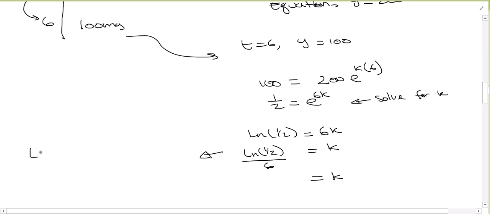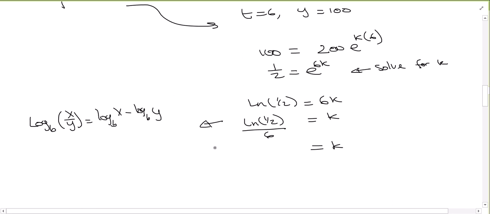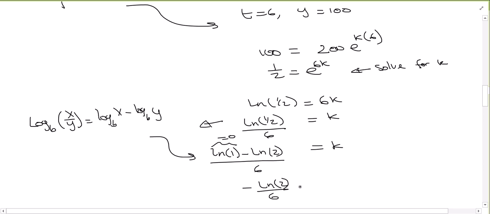When you have log base b of x over y, that means you can say log base b of x minus log base b of y. So the natural log of 1/2, we can rewrite as the natural log of 1 minus the natural log of 2, over 6, using the rules of logarithms. And the natural log of 1, we know to be 0.